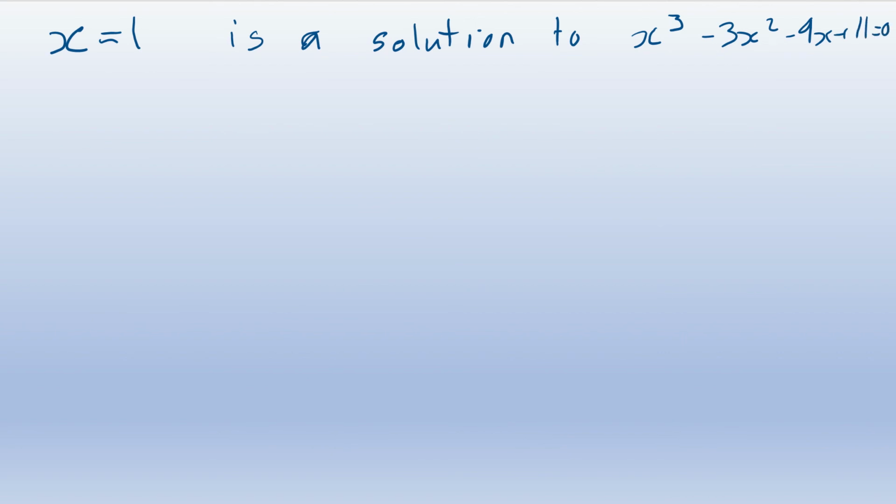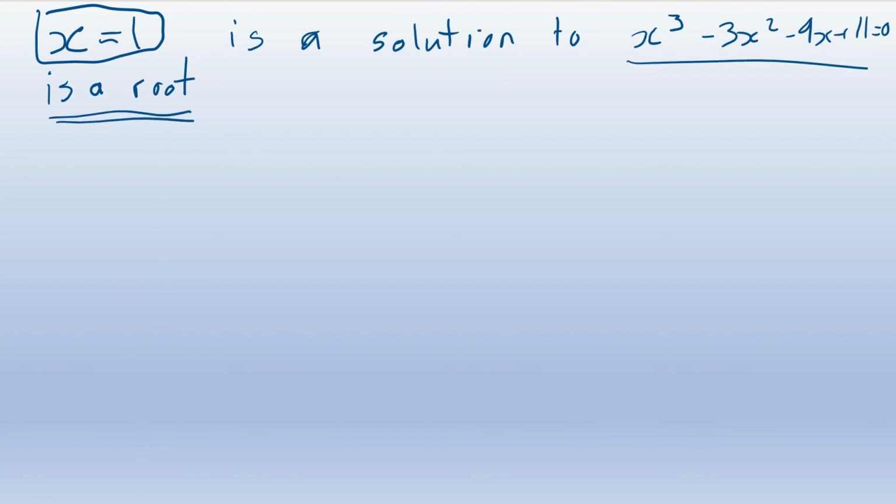Now comes the link back into the recap on factors and roots that I just did. So this right here, x is equal to 1, is a root of this thing over here. It's also a solution. Solution and root in this case mean the same thing.